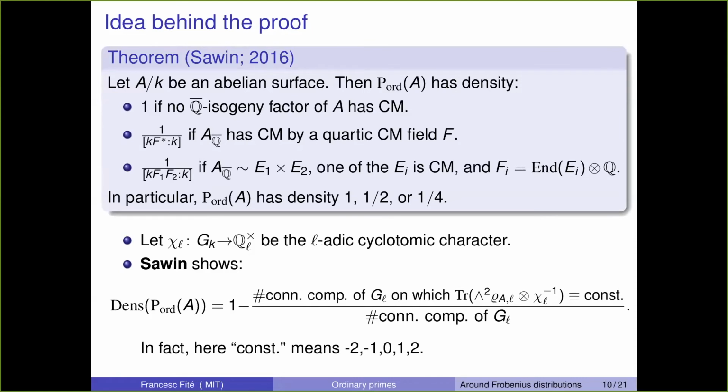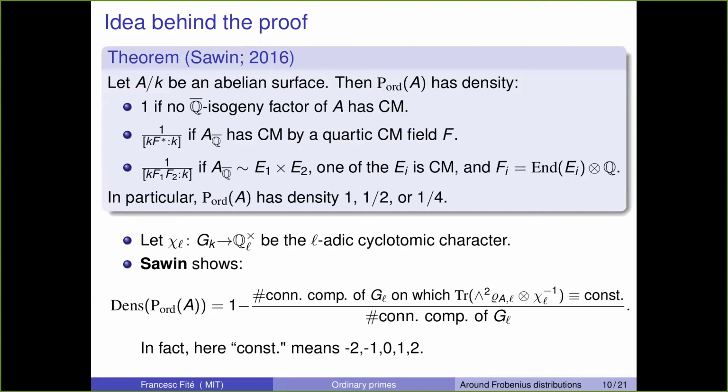So that's the idea behind Serre's theorem. That's also the idea behind Sawin's theorem. Let me denote by chi sub l the l-adic cyclotomic character.